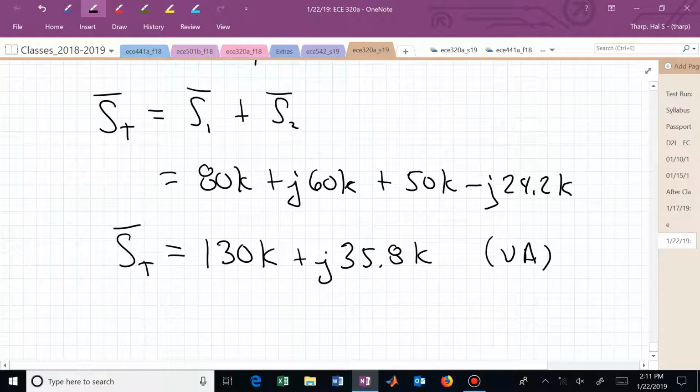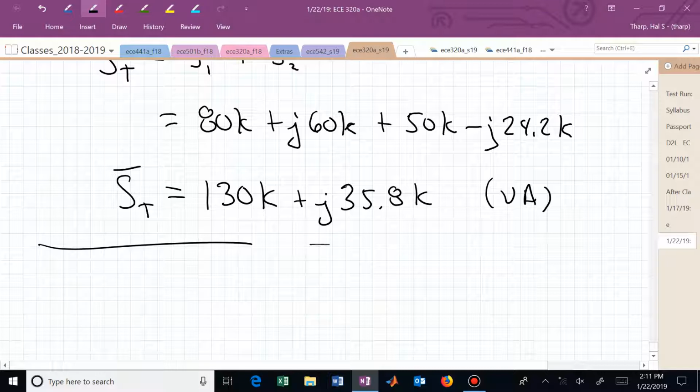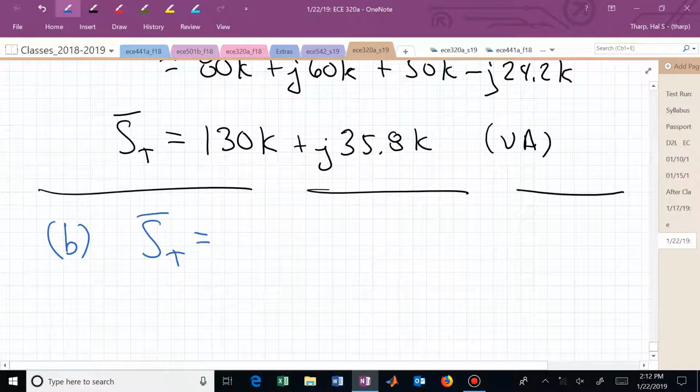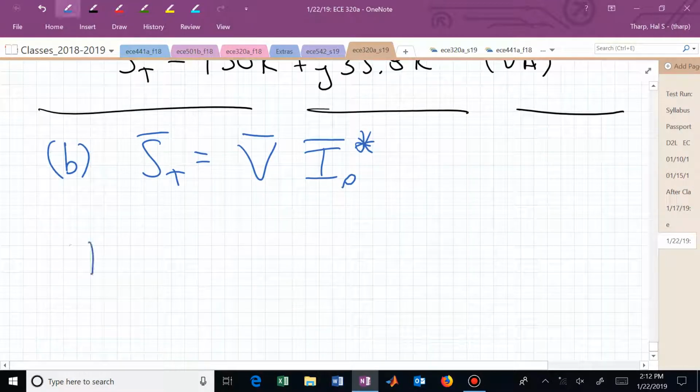That's our total power. We can now use that to back out the current that's needed to sustain those two loads. This is now part B. Using our complex power formula, S sub T is the voltage, that was the same across both loads, times the conjugate of our current. We can solve for that conjugate of the current.